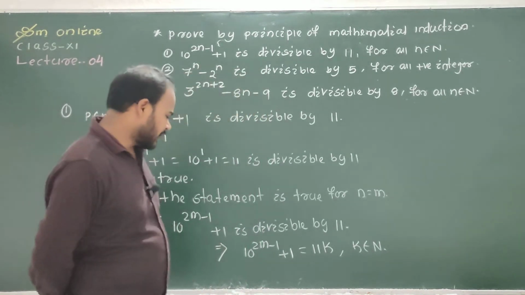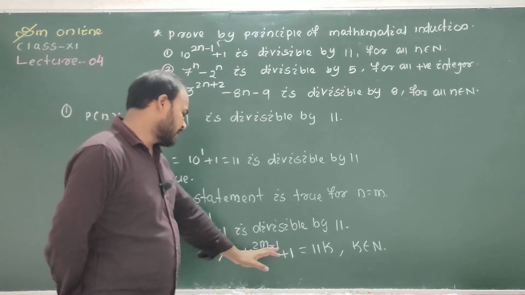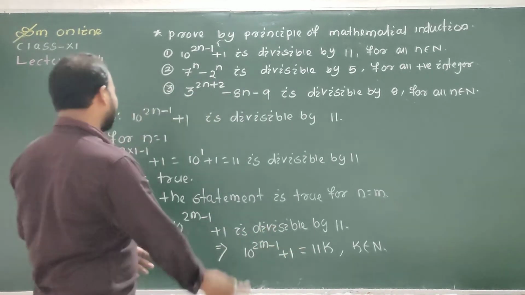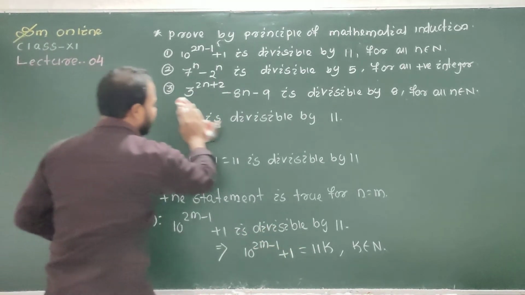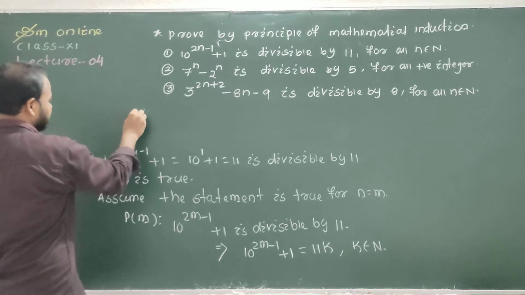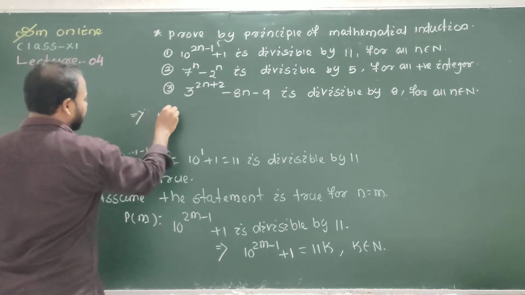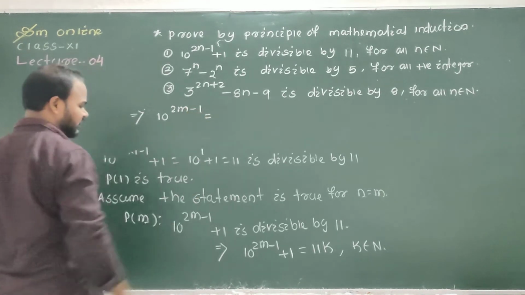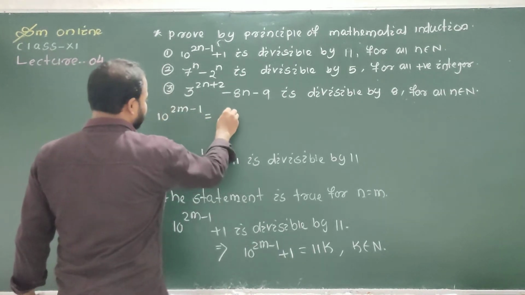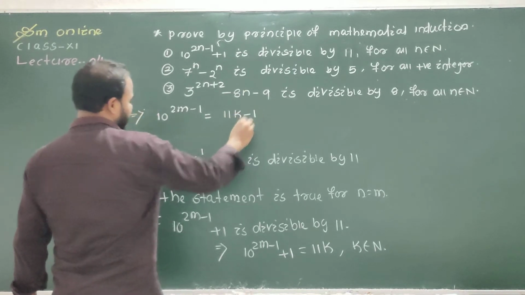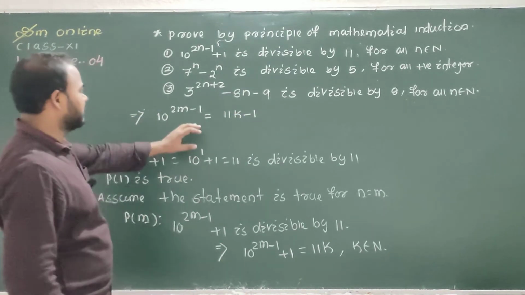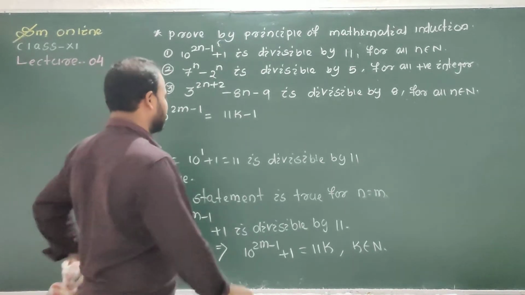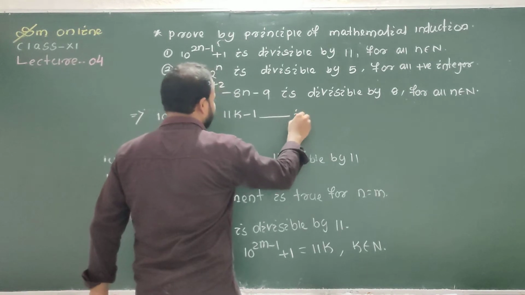From the equation, taking the term outside, 10 to the power 2m minus 1 equal to 11k minus 1, and this is equation first.